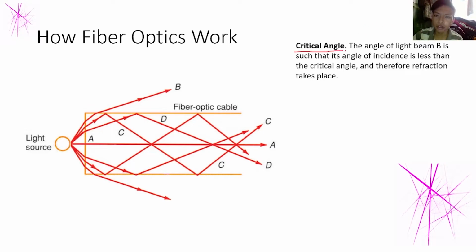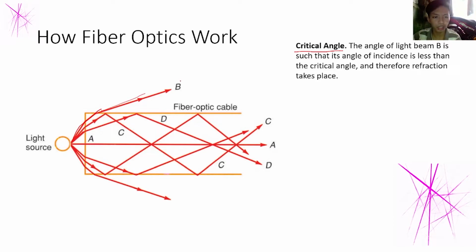Again, we're back to the critical angle. For light beam B, the angle of incidence is less than the critical angle and therefore refraction takes place. Okay, so we discussed a while ago that the incidence is less than the critical angle, so that's why it is refracted.